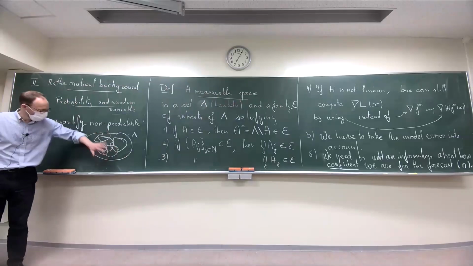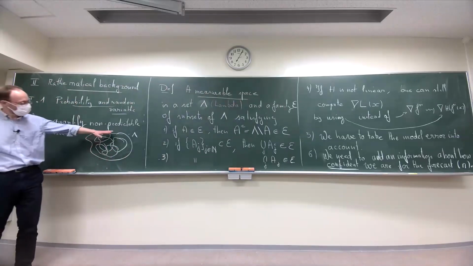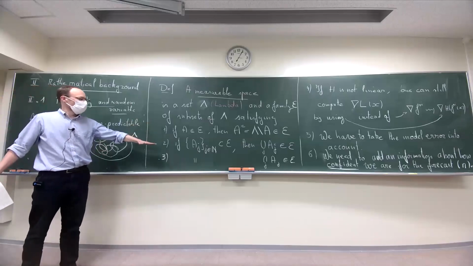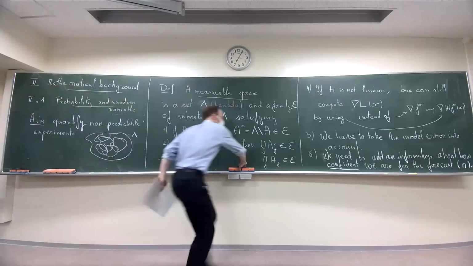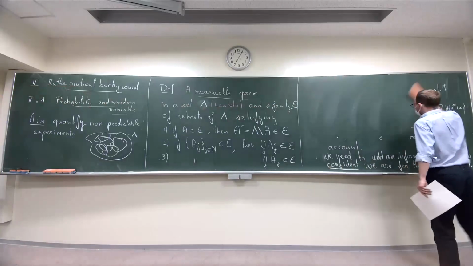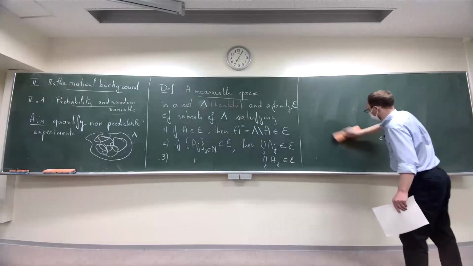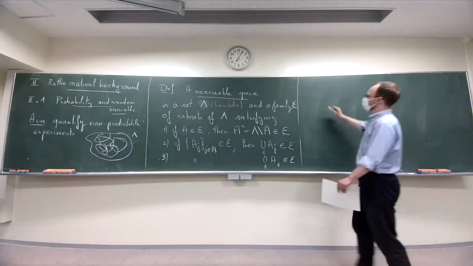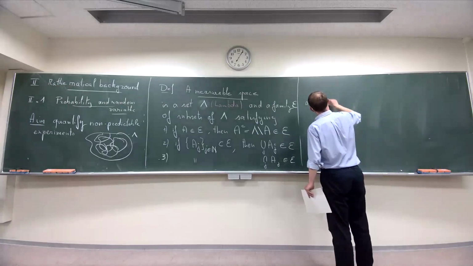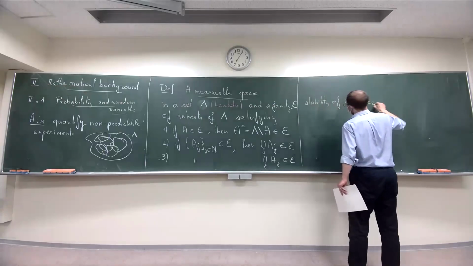A set with subsets, you choose a certain family of subsets, but this family has to be stable under complement. So maybe I can just write the name of this condition. The first condition is stability of E under complement.